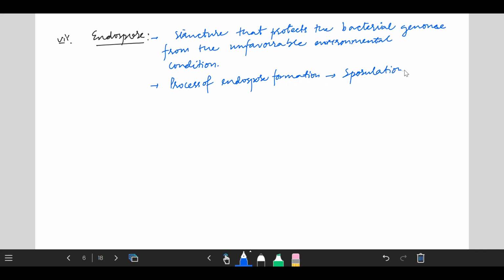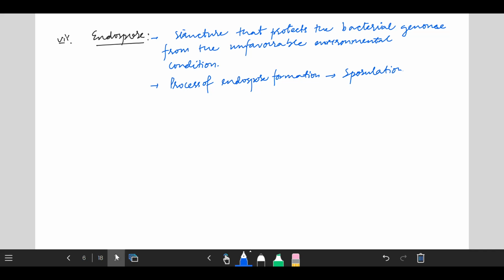It generally begins when nutrients become depleted or environmental conditions become unfavorable. In the growth curve, it can be seen in the stationary phase. Why are bacterial pathogens difficult to destroy? Because their endospores are so hard to kill. So, some sterilization methods are applied.